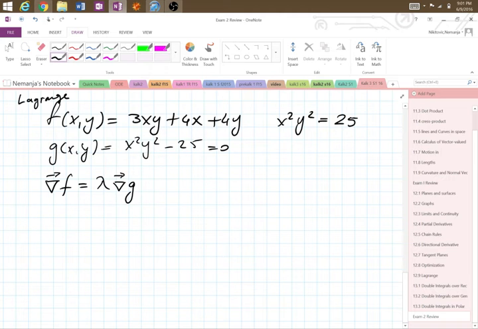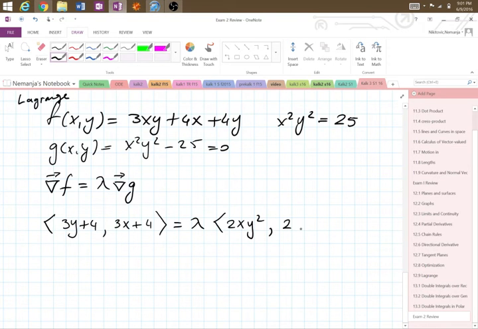And we find vectors of partial derivatives. So partial of x, 3y plus 4, partial of y, 3x plus 4, equals lambda, over here g, partial with respect to x is 2xy squared, it's all symmetric, and then 2yx squared.